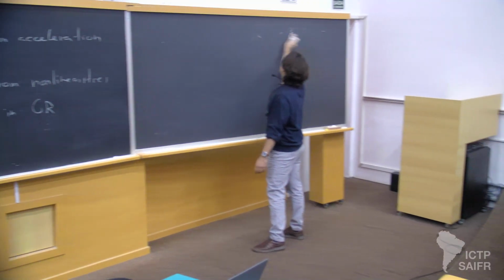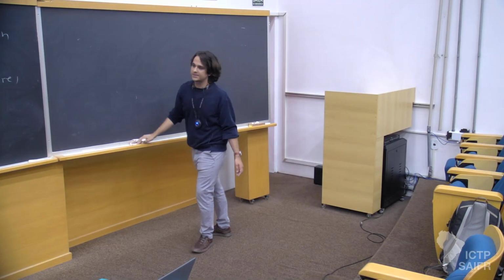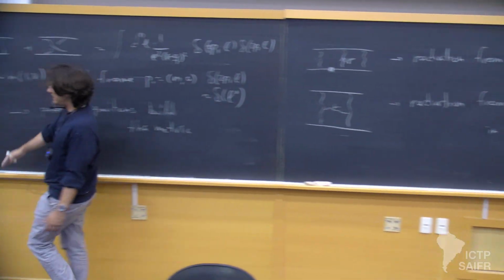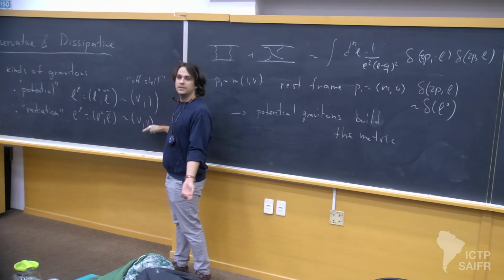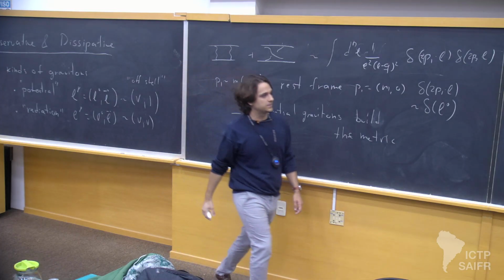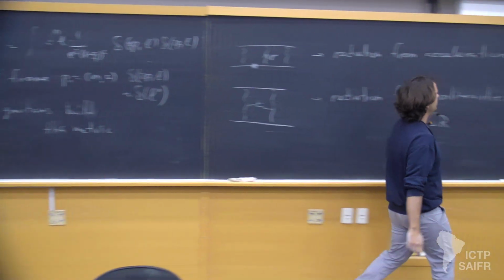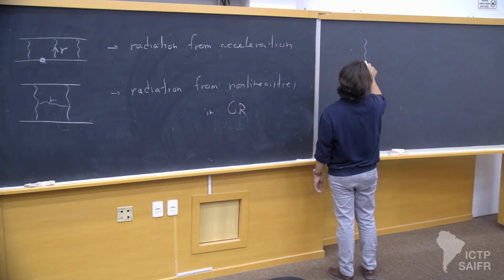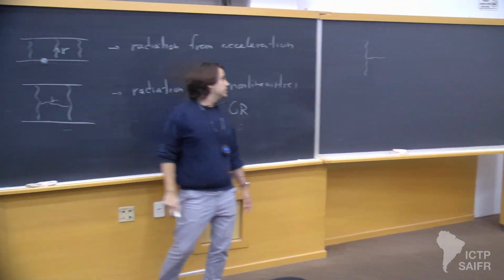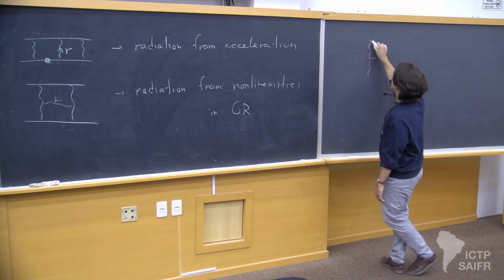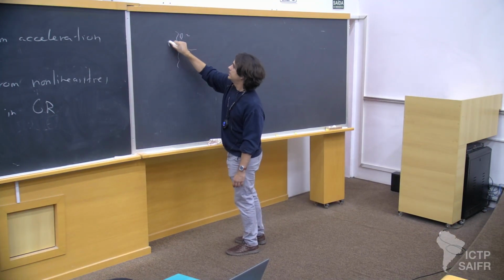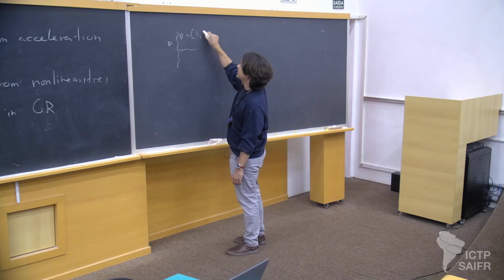Okay. And maybe as a last comment, notice that I need to conserve energy and momentum in every vertex, which means that if I'm looking at velocity power counting, I should make sure that at each vertex I conserve energy and momentum. So for instance, if I have this kind of vertex here, this is allowed because if this is a potential graviton, then its momentum L will go like 1/v.